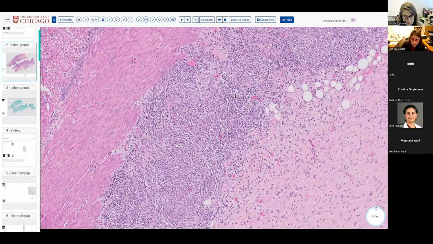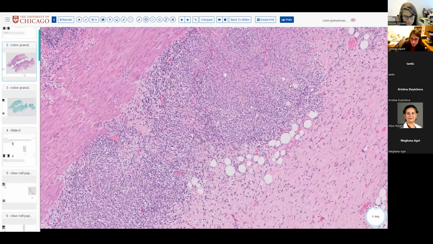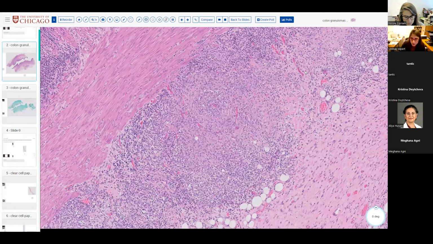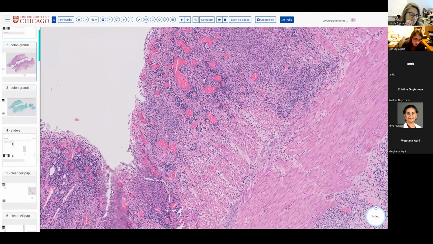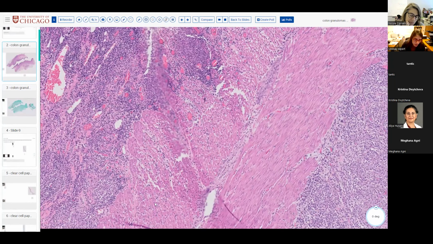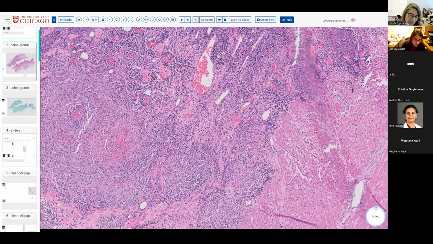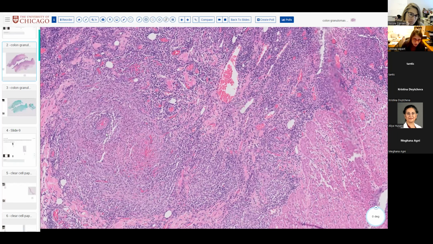And as you move around, you can also see that there's quite a bit of necrosis. Some of it is associated with the area of ulceration, so maybe you think that it's just related to that.